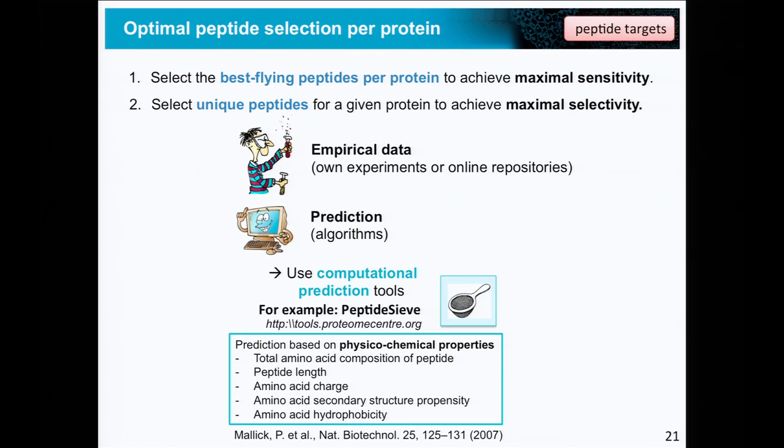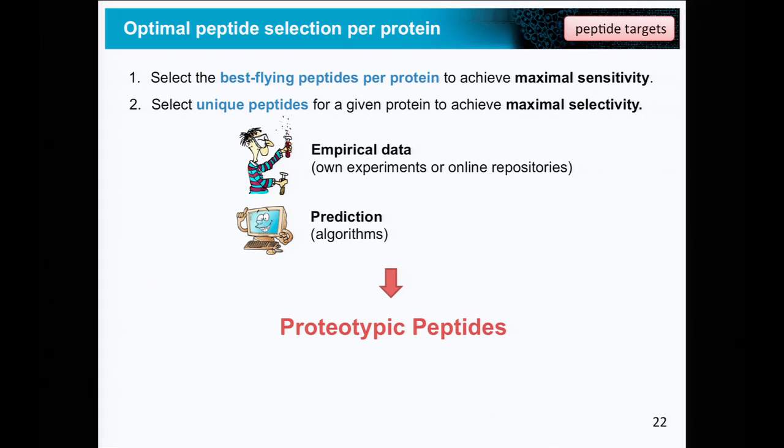However, this approach is definitely less successful in really finding the best ones than when you use empirical data. So it's always better to use empirical data, but still this is a valuable option if you don't have this empirical data. And there is, again, a scientific expression for peptides that fulfill these two criteria, and these peptides are also called proteotypic peptides.